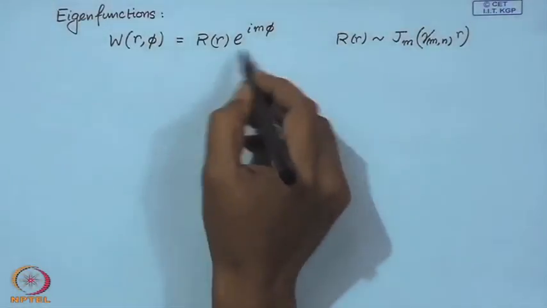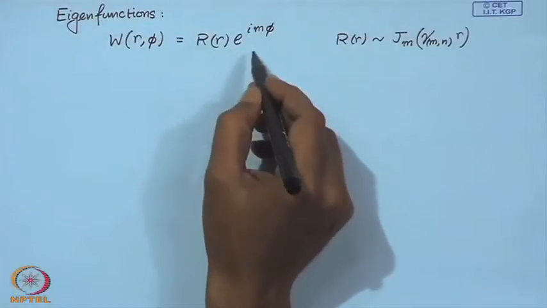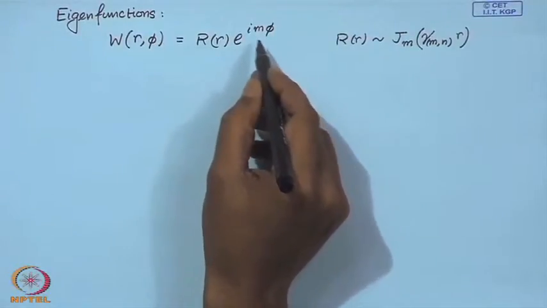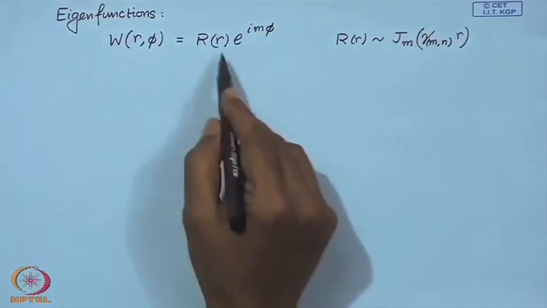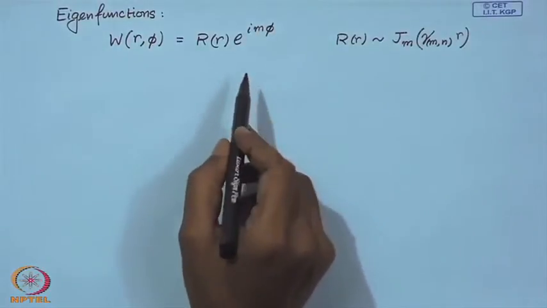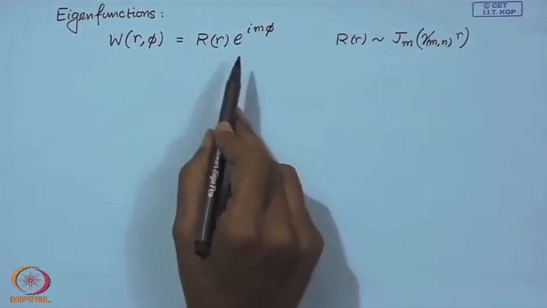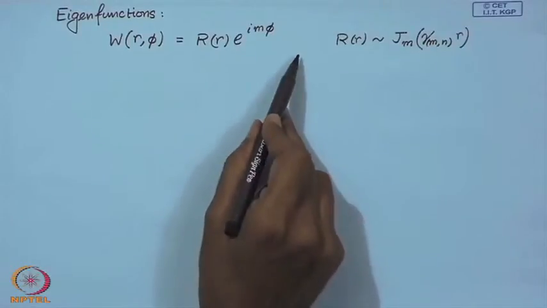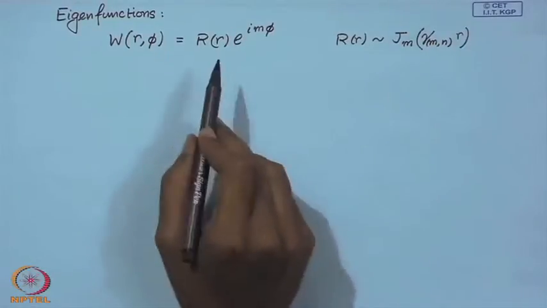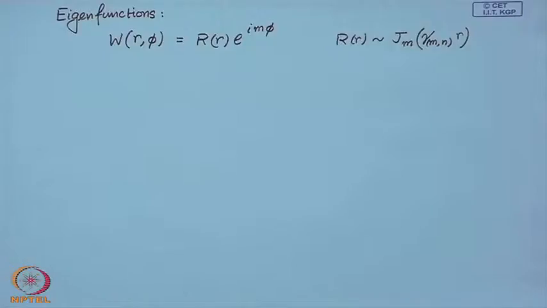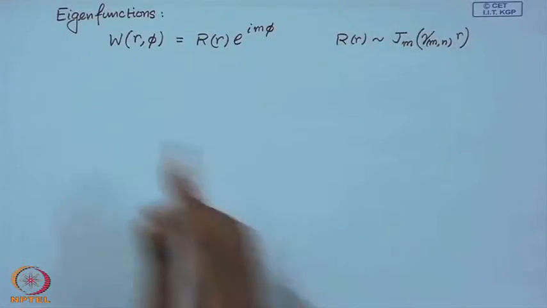And this complex function is cosine m phi plus I times sine m phi. Now, as we have discussed before, we can take the real part, or we can take the imaginary part, or we can take a linear combination of these two parts.